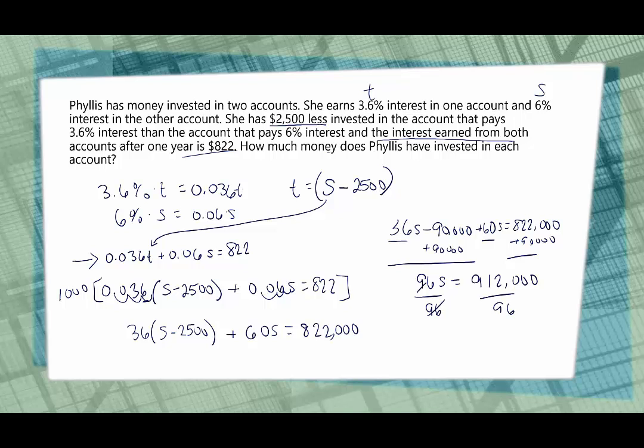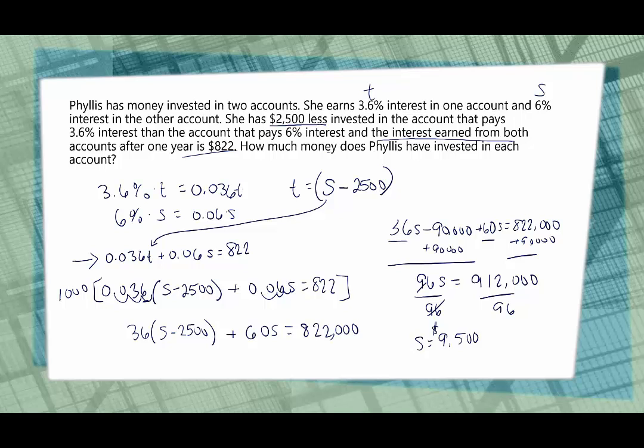And when we do that, we figure out that in the account that pays 6%, we have $9,500 invested. Put that dollar sign in front. Okay, so now we know that $9,500 was invested at 6%. How can we figure out how much was invested at 3.6%?